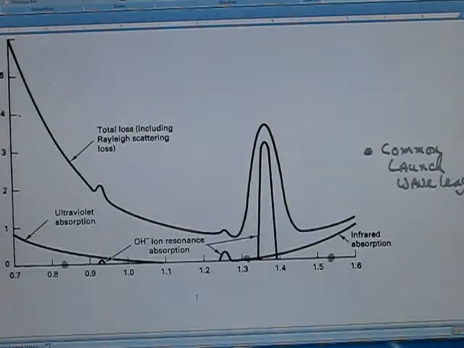So the typical launch wavelengths are shown down here. One of them is about 850 nanometers, and that would be typically used for multi-mode cable. And then up at 1310 nanometers and 1550 nanometers, we have launch wavelengths that typically would be used for single mode long distance transmission.